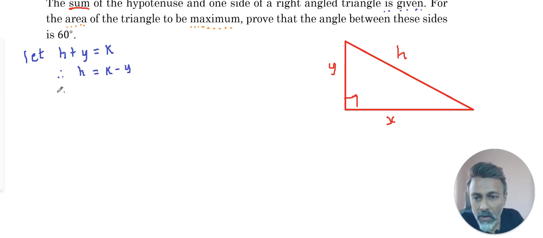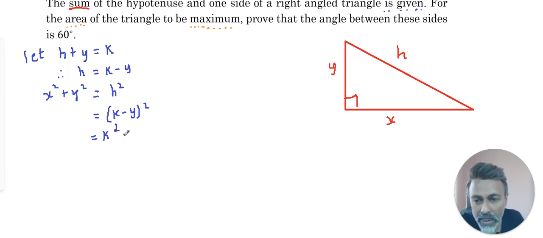We now also understand from the figure x square plus y square is equal to h square. So in place of h we can write k minus y whole square. Let's expand this so that y square would cancel with the left side. So k square minus 2ky plus y square, while here you already have x square plus y square.